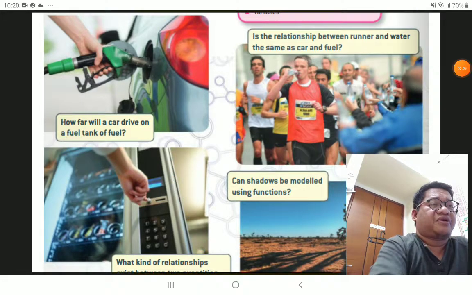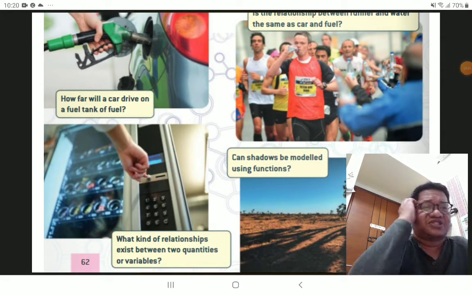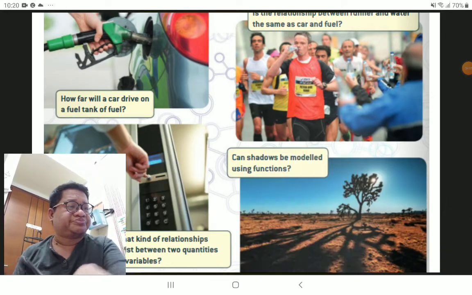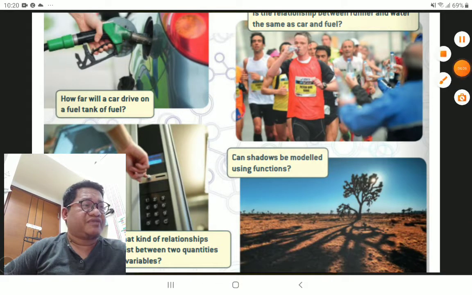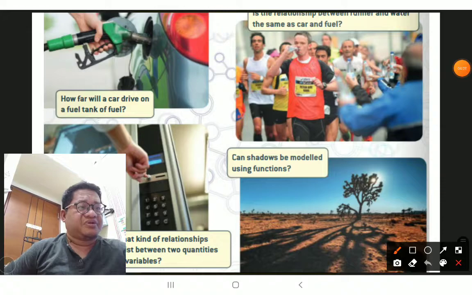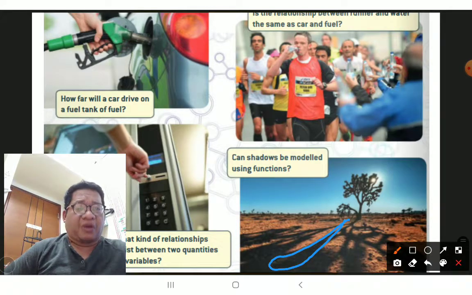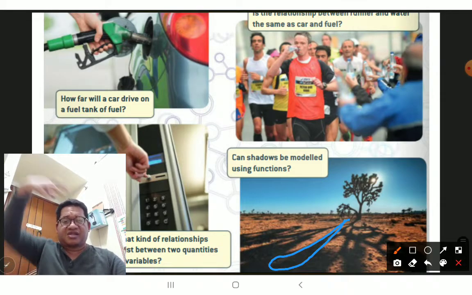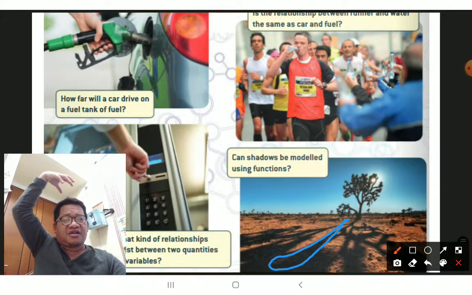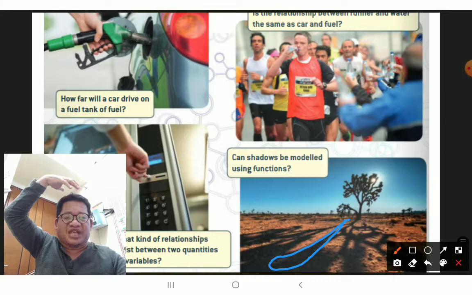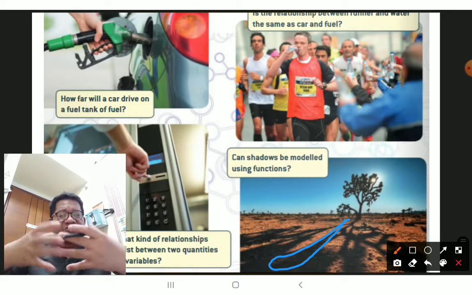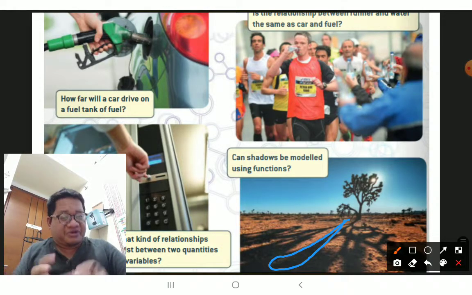The next one, for example: can shadows be modeled? As you can see in this picture, the shadow of the tree, depending on the time, could be longer or shorter. If the sun is on top at 12 o'clock, the shadow of the tree is almost too little, just under the tree.